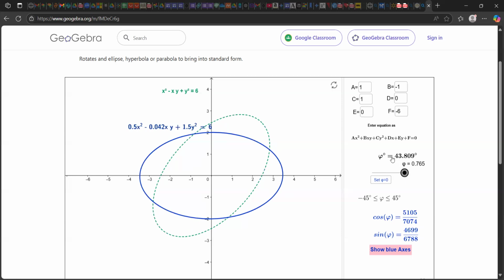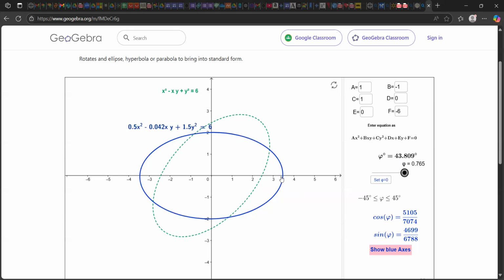I notice it's not going to the full. Why are we getting 43.8 degrees? You see what's happening here? You're not getting the full 45 degrees. You're getting 43.8. It's supposed to be 45 degrees. Something is wrong here.